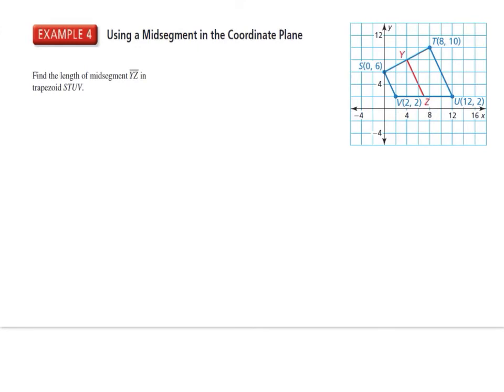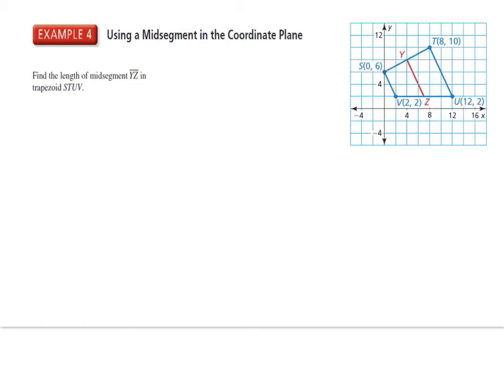Alright, now let's look at a mid-segment in a coordinate plane. So find the length of YZ. Since Z is kind of hitting in a place that's hard to tell what the coordinate would be, Y is a little bit easier, but Z is difficult. But we can get the length of SV and the length of TU, add them together, take half of that, and that'll get us YZ.